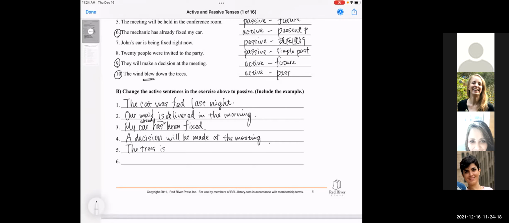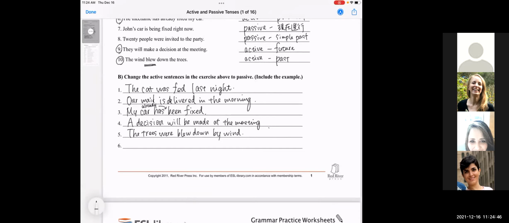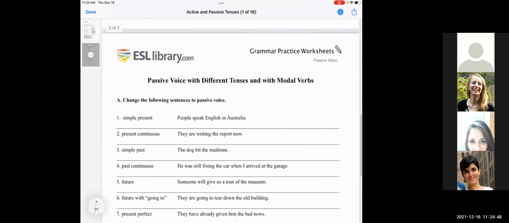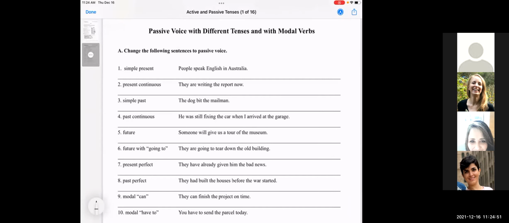The trees were blown down by the wind. Yeah. Okay.